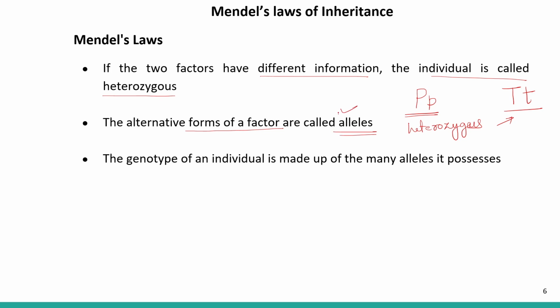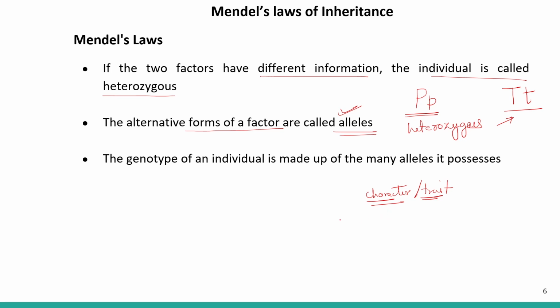Okay, so the alternative form of a factor is called an allele. Now, this is very, very important. For one character or a trait, we can have a number of alleles, generally 2, but may have more also.